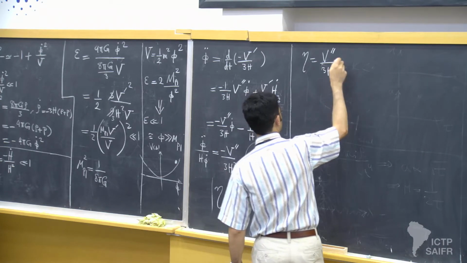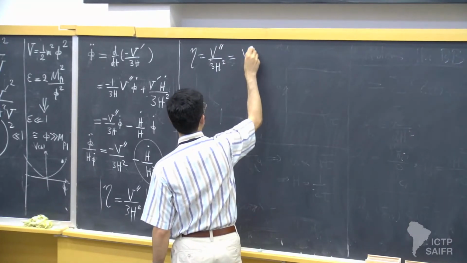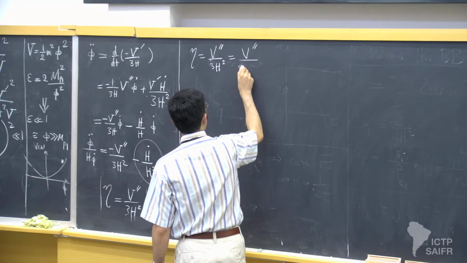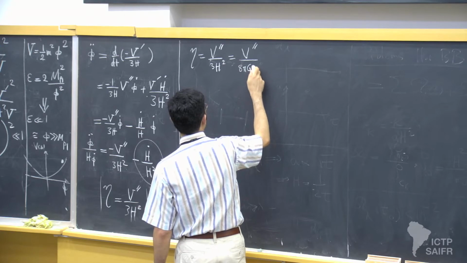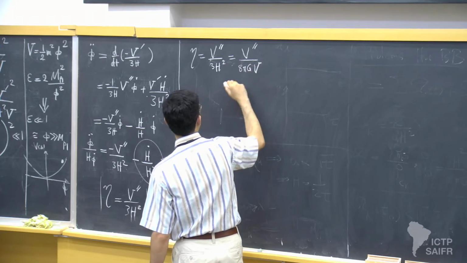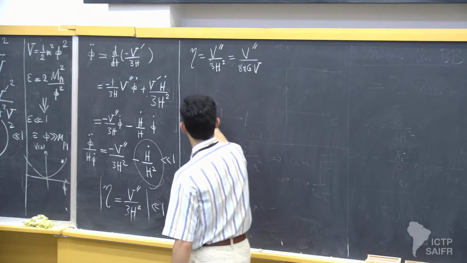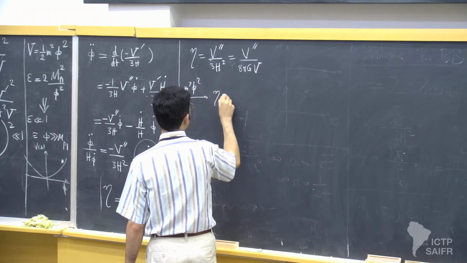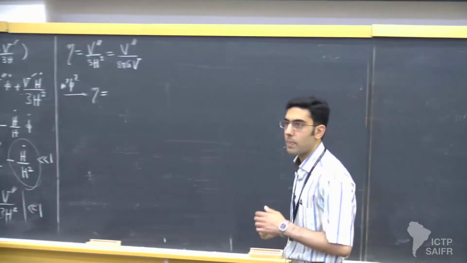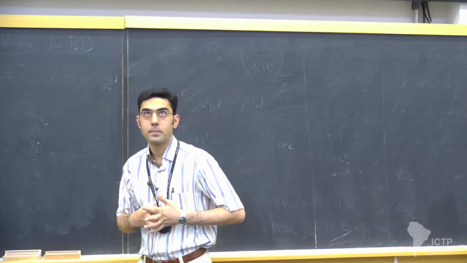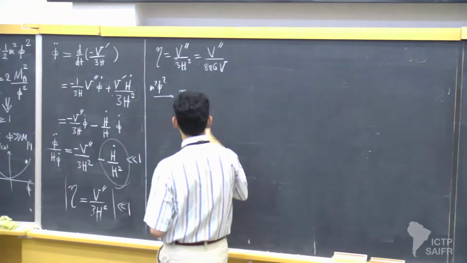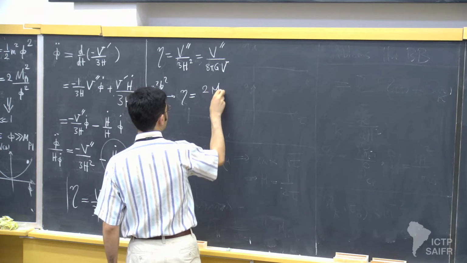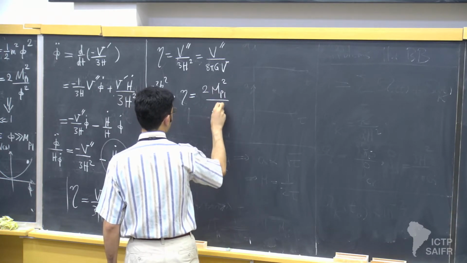I can again express this 3h squared, using the Friedmann equation, as 8 pi G times V. So this ratio for m squared phi squared is going to be twice m Planck squared over phi squared.